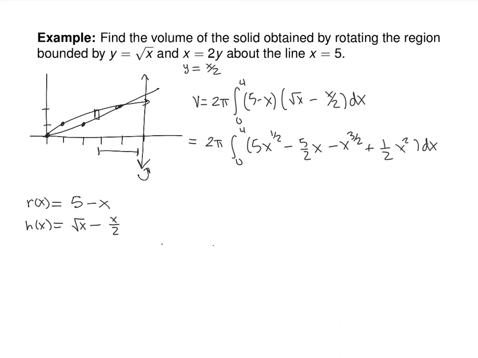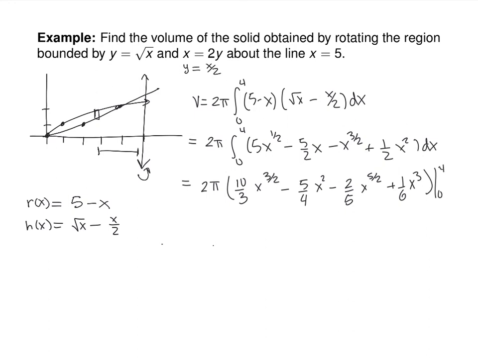And the arithmetic is a little bit tedious, but it's not ridiculous. 2 pi, the antiderivative of 5x to the 1/2 is x to the 3/2 times 2/3 makes that 10/3. x squared, 1/2 makes that 5/4. 2/5 x to the 5/2, and then plus a 6th x to the 3rd.